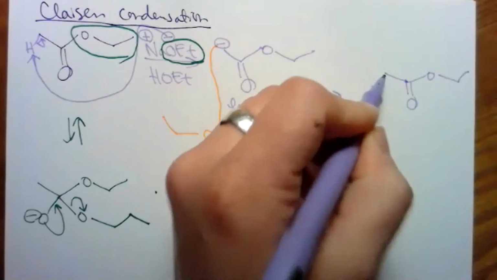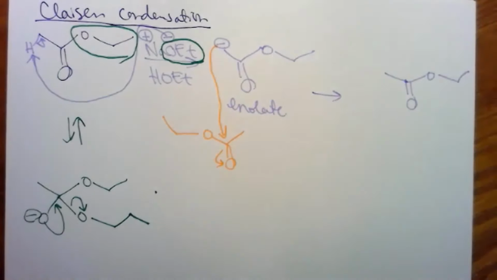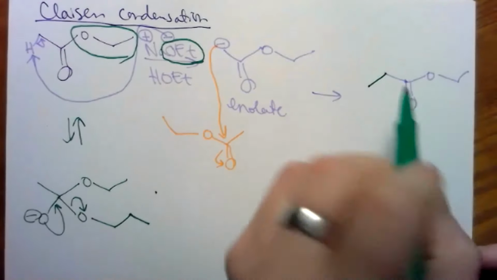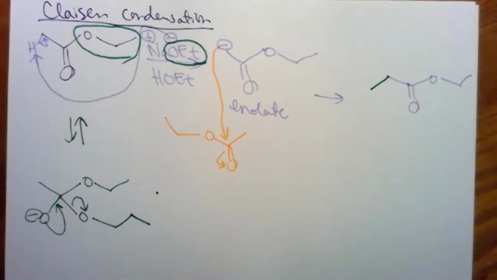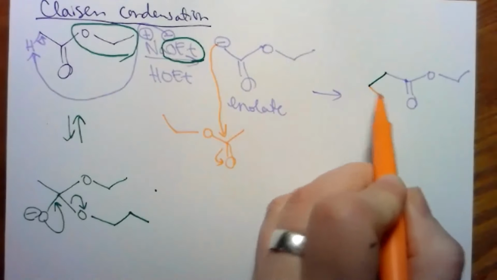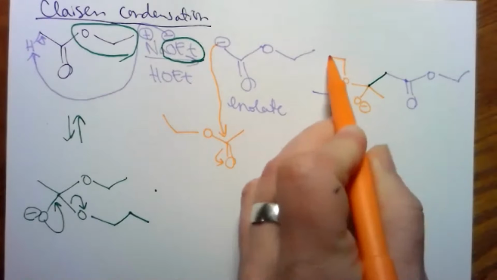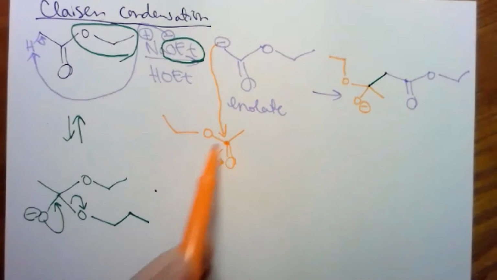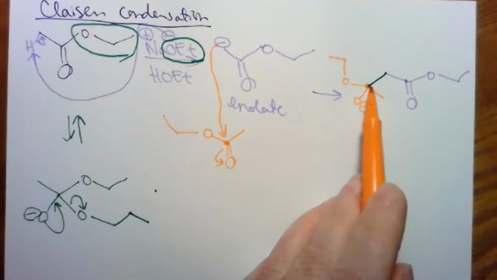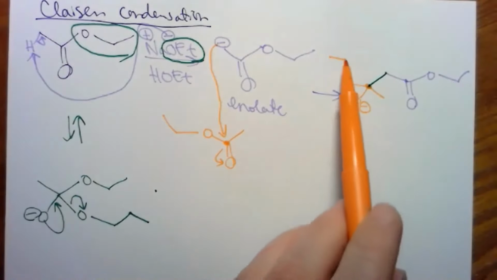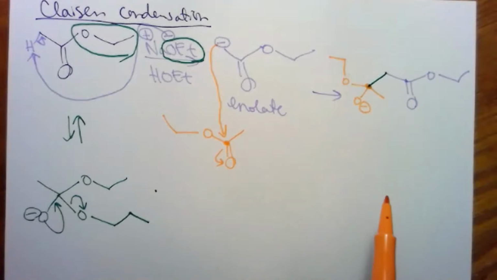I wish this were a little more spread out, but we're going to make do. That green bond is my new bond. And this carbon is this carbon. So you should have an O minus, O ethyl leg, and a methyl carbon on that one.